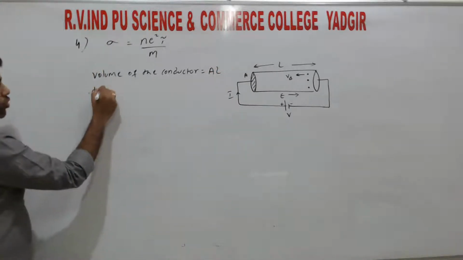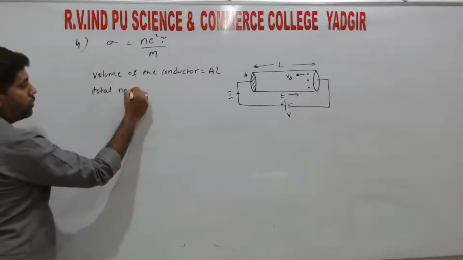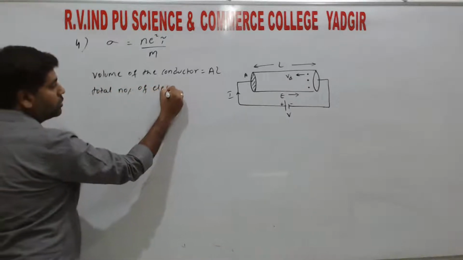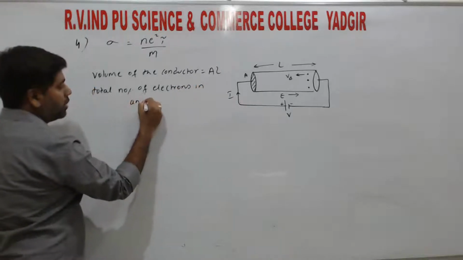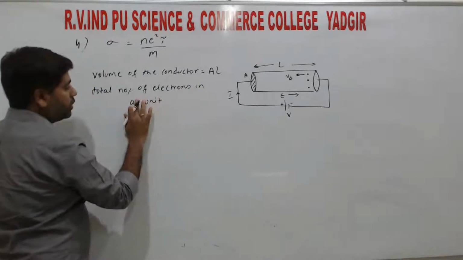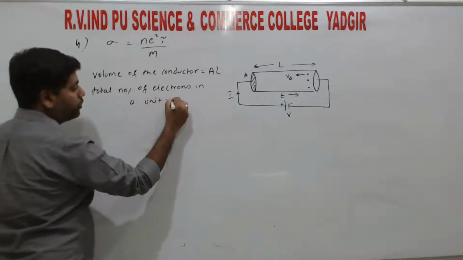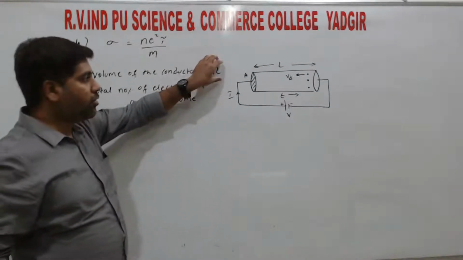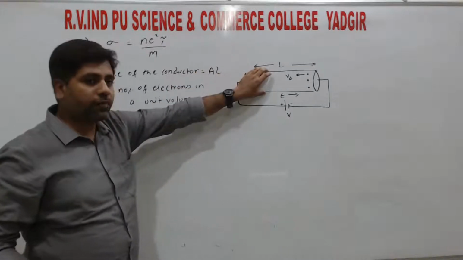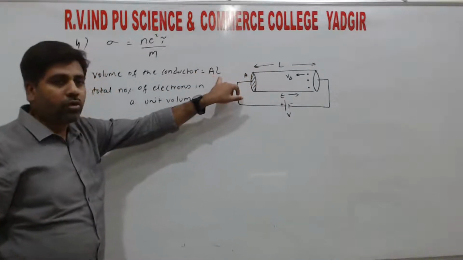Next, the total number of electrons in a unit volume. So first we can find the volume of the conductor. The volume of the conductor is given by A into L, right?